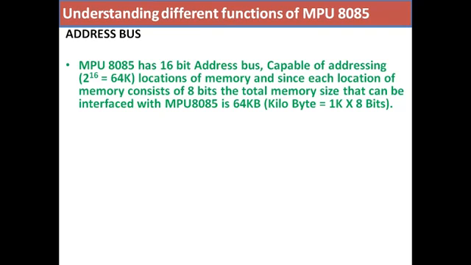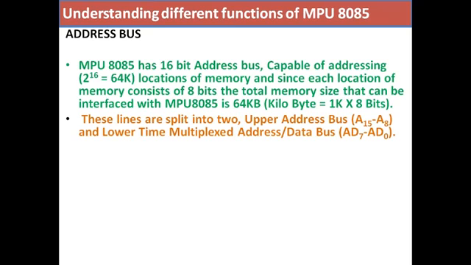So if a memory has to be connected to Intel 8085, it should be having 8-bit word size and around 16 address bits. So a total of 64,000 locations of that memory can be accessed through 8085.